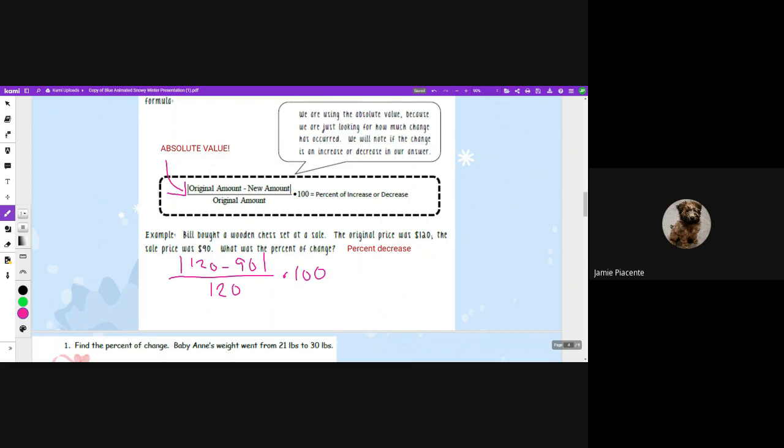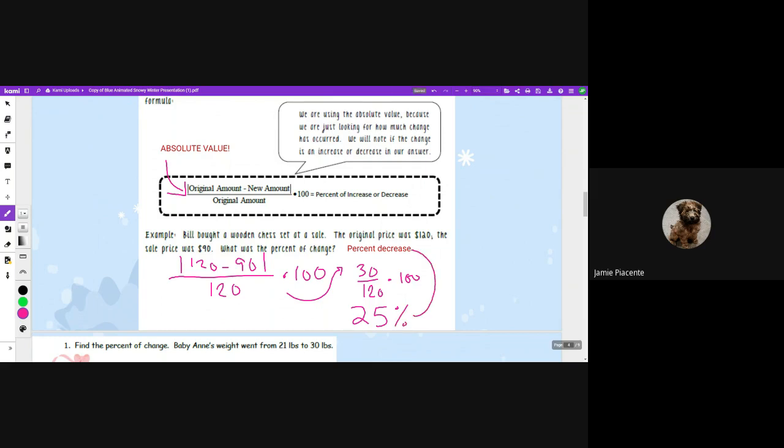If I take absolute value of that, it's still 30. So I get 30 over 120 times 100. So 30 divided by 120 equals, then we're going to multiply by 100. We get 25. So our answer is 25% decrease.